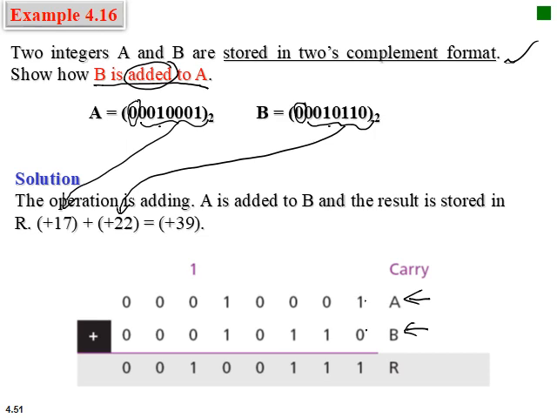So 1 plus 0 is 1. 0 plus 1 is 1. 0 plus 1 is 1. So far no carries. 0 plus 0 is 0. Here's going to be the first carry. 1 plus 1 results in a carry, and then 0 there. There's the carry of 1. 1 plus 0 gives us 1. And the rest just remains 0.